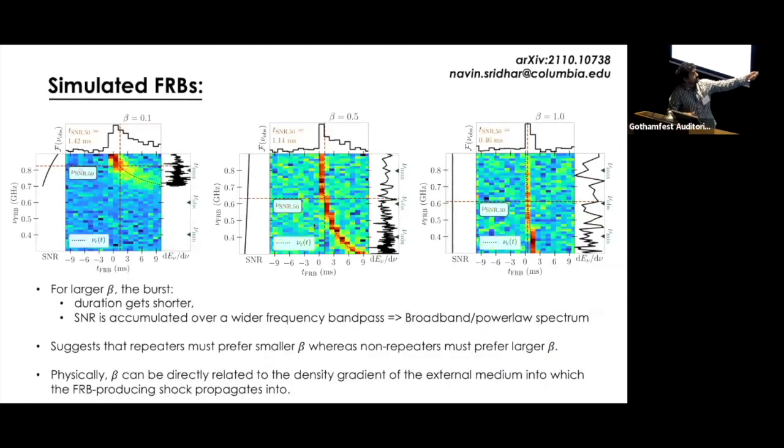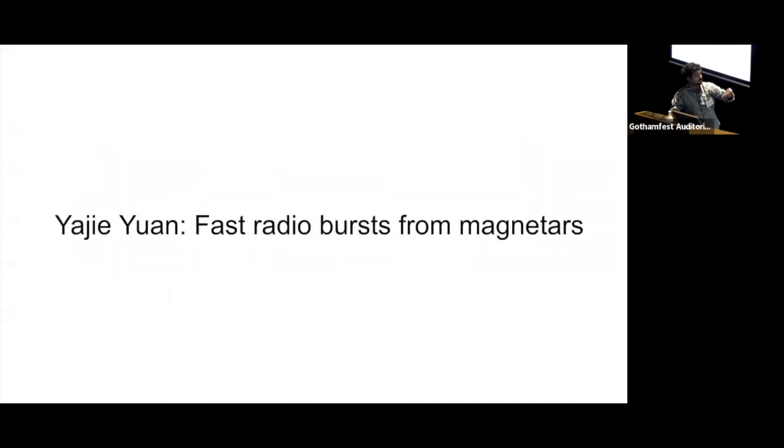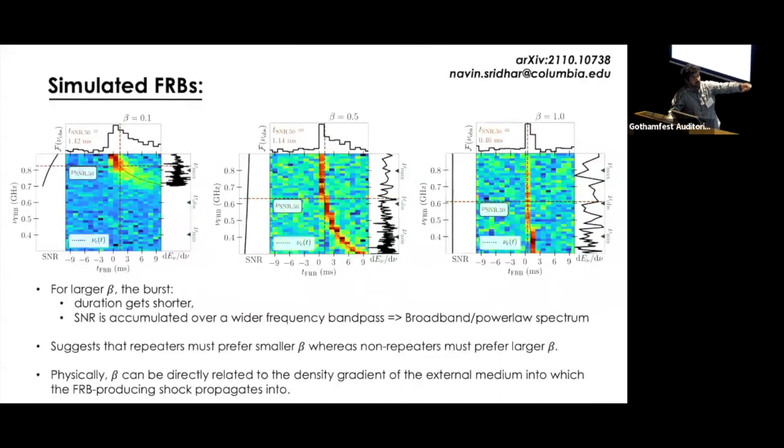And you see that for larger beta over here, the duration of the burst gets shorter, and the signal to noise ratio, which I've shown in the left panel here, is accumulated across the entire bandwidth of the instrument, compared to smaller beta, where the signal to noise ratio is accumulated at one particular narrow strip of the bandwidth.